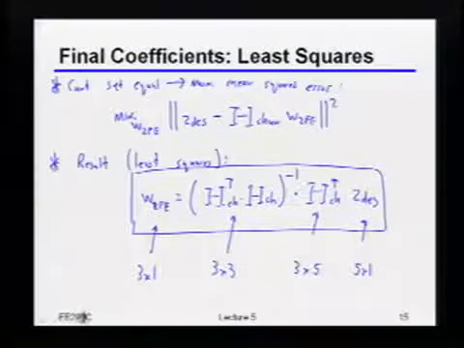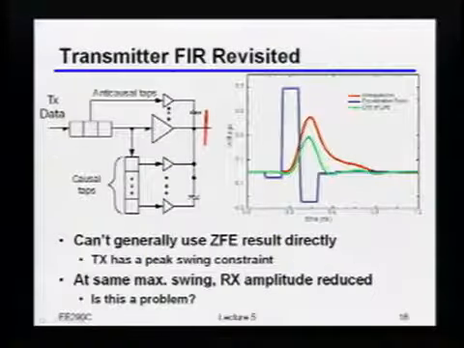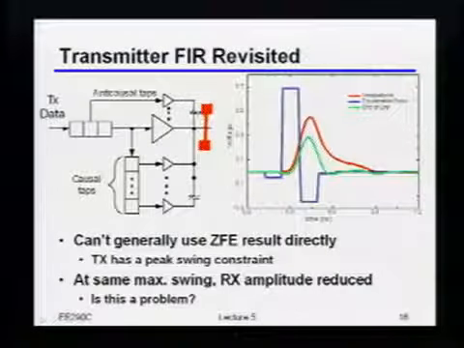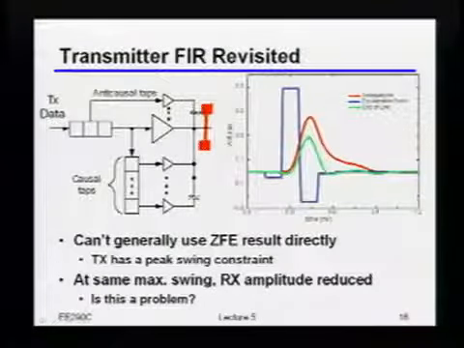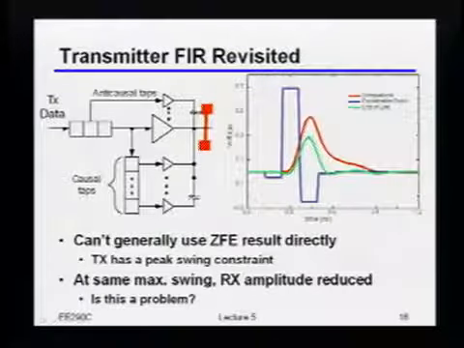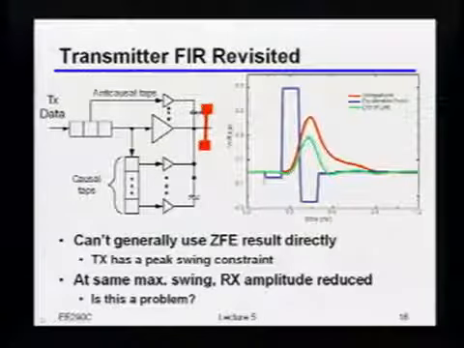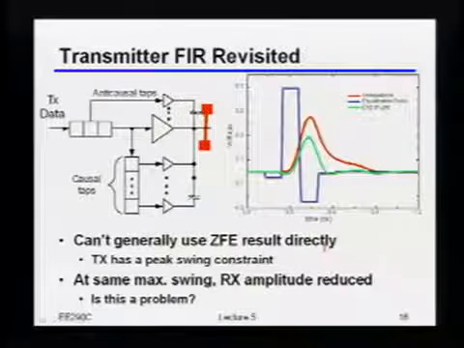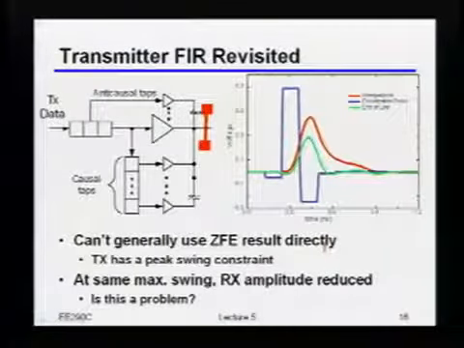Well, as you can probably imagine, there's a maximum signal swing that you'd like to put out of your transmitter. So you have to make sure that the maximum signal you transmit, including all of the equalization, is still fixed. Then you can only scale things underneath that.